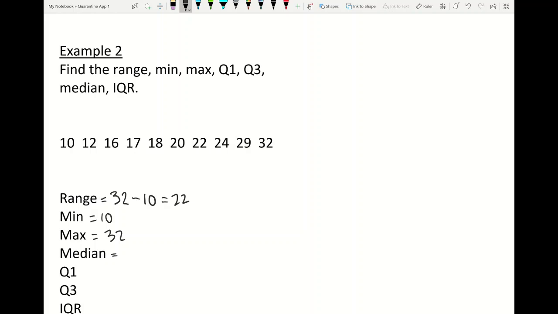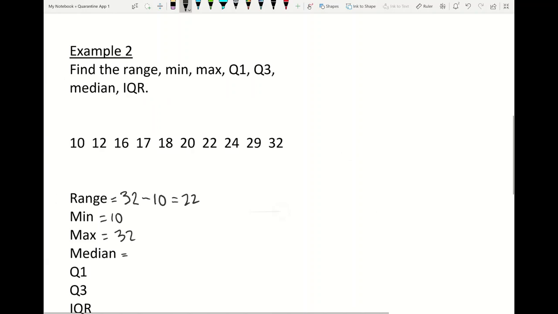Now, median is the middle number. In this case, it's a little bit different from example 1 because this time it's an even number of numbers. Last time we had 13 numbers, but this time we have 10.